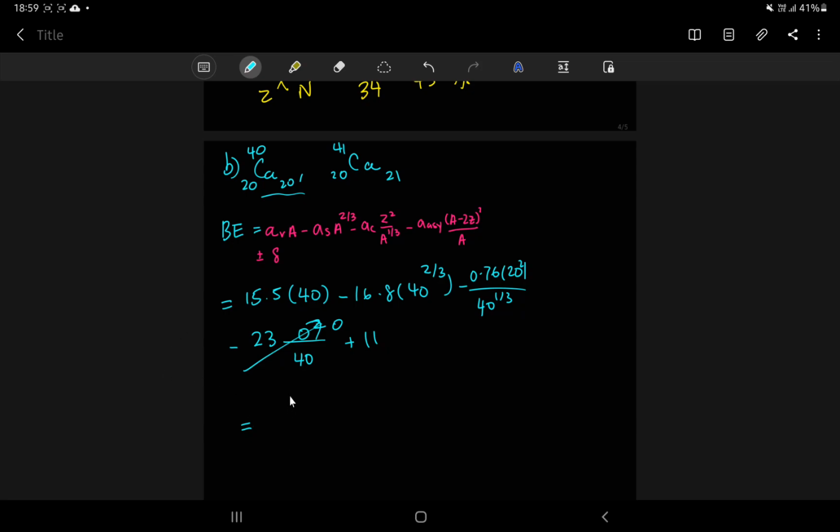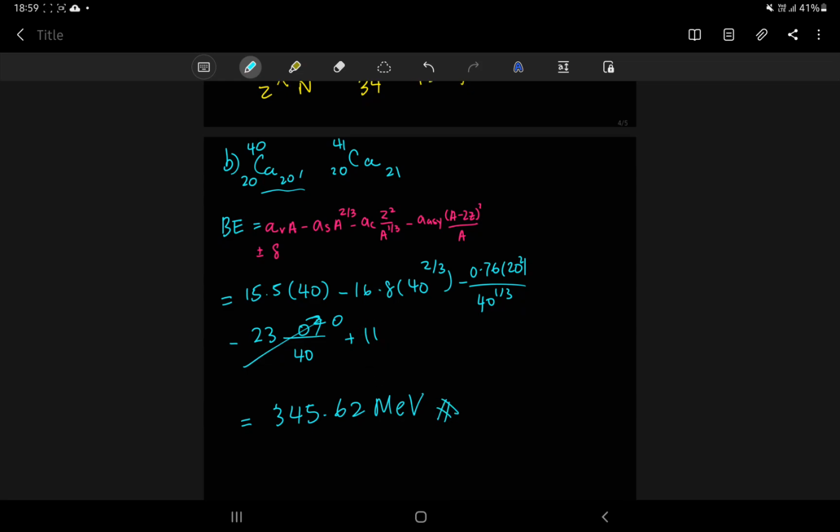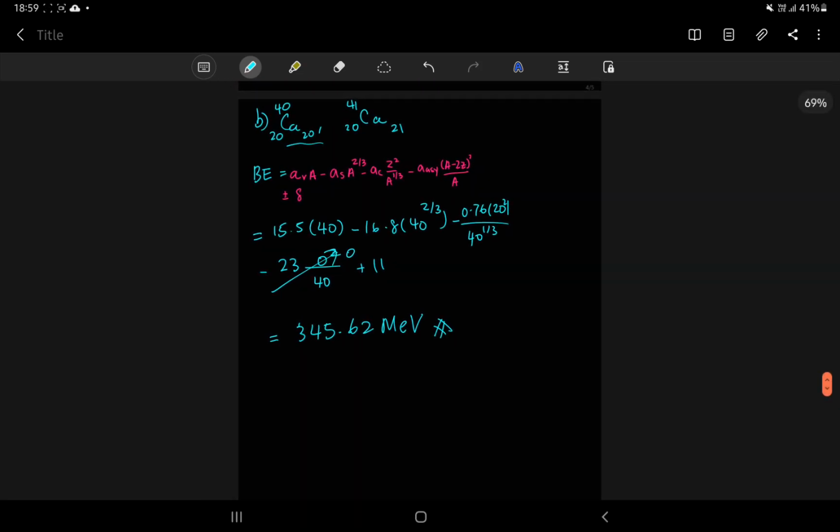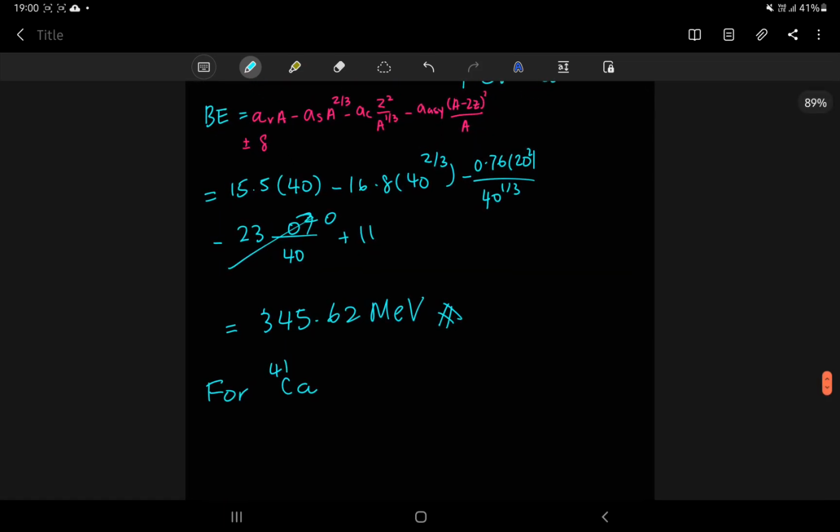So this is 345.62 mega electron volt. Okay, so this is calcium 40.